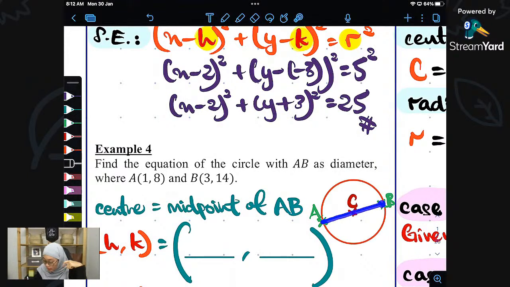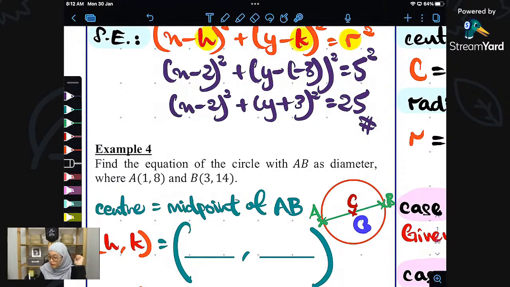Diameter means the radius plus another radius. It means the diameter, D. So basically we have 2 points where these 2 points will form a diameter. The two end coordinates will give us the diameter. And so we know that the diameter will go through the center, isn't it?